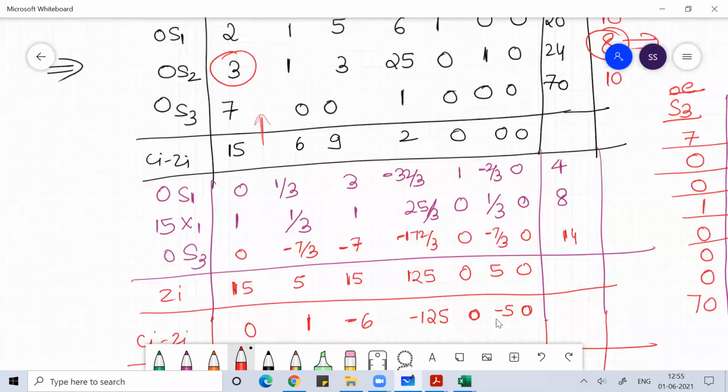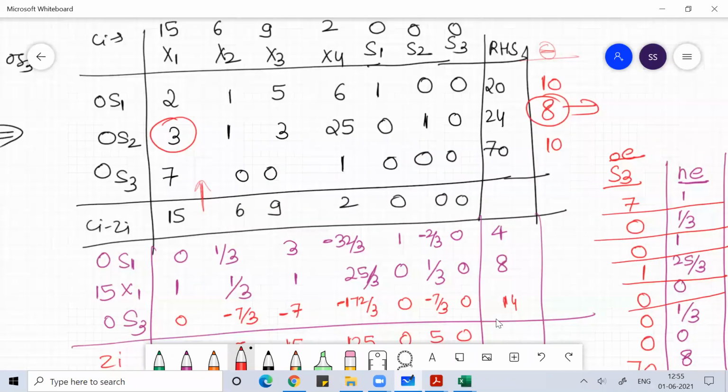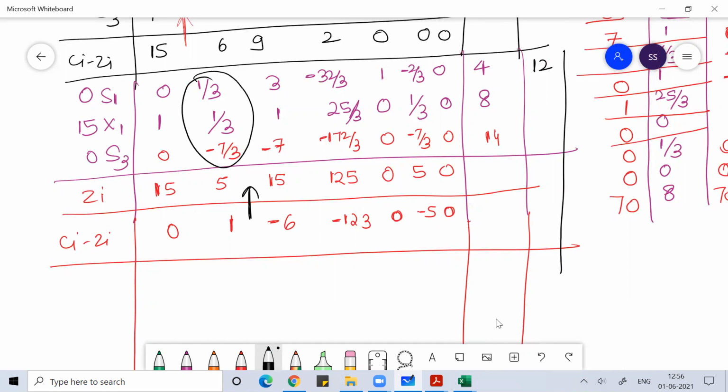The fourth one is 2 minus 125, that is minus 123. So this is 4 divided by, this is 12, 4 divided by, this is 8, this is 24, and this would be the inverse only.